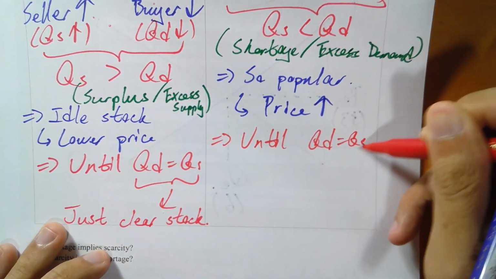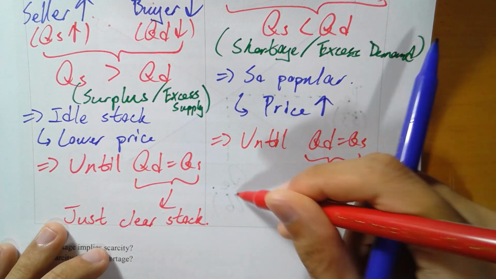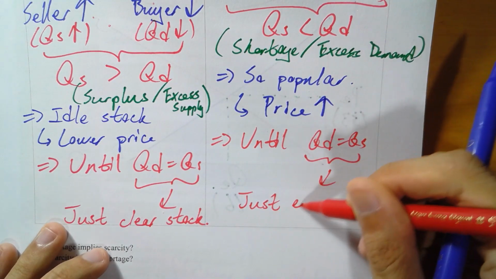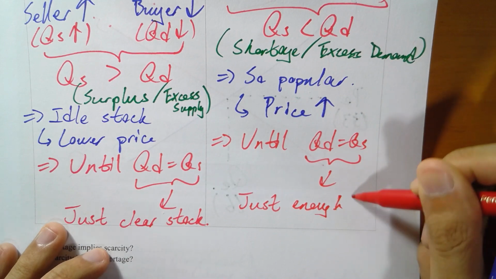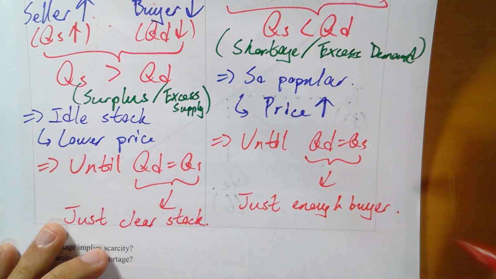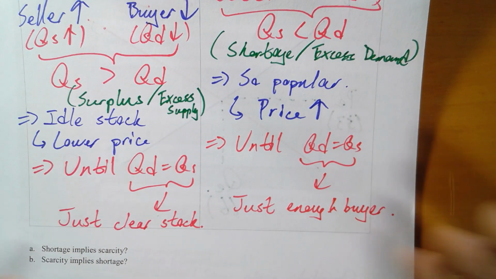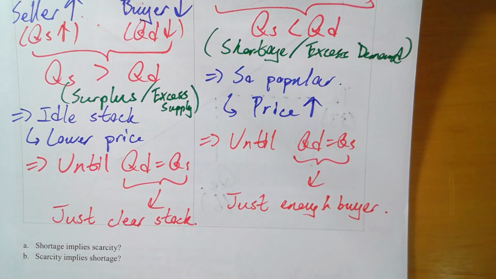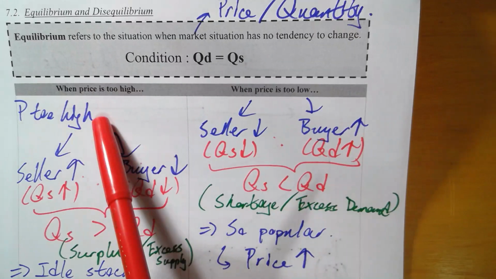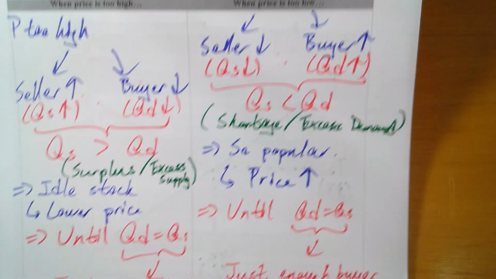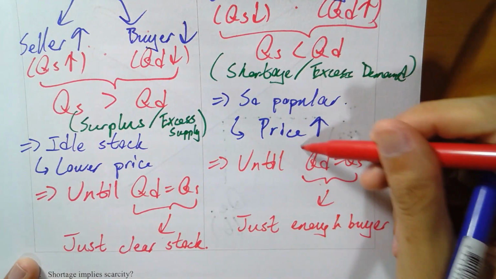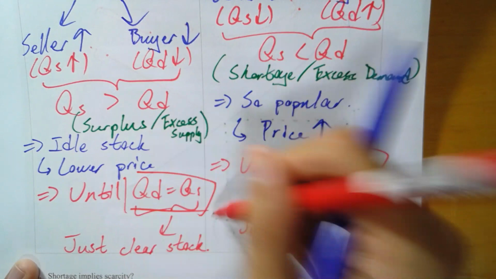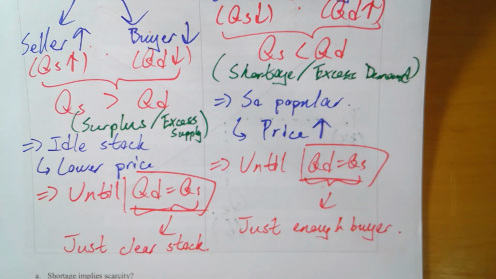QD equals to QS. There is just enough buyer to buy your stock. 啱啱足夠啦。You see, either way, either being too high or too low, the result would be you return to QD equals to QS.